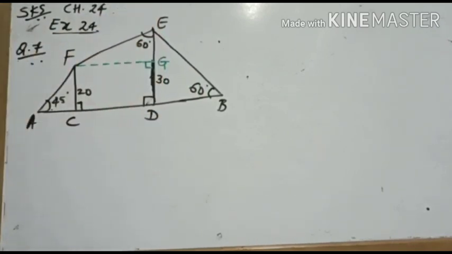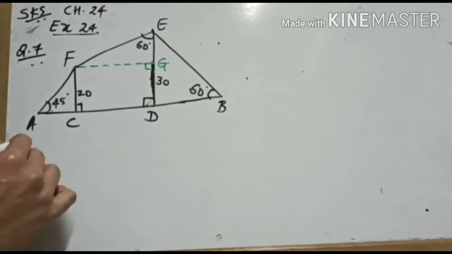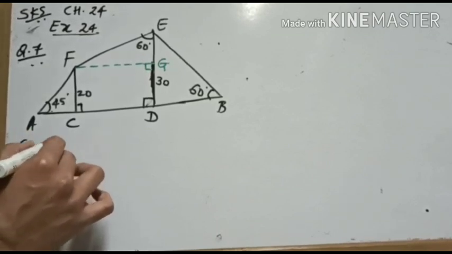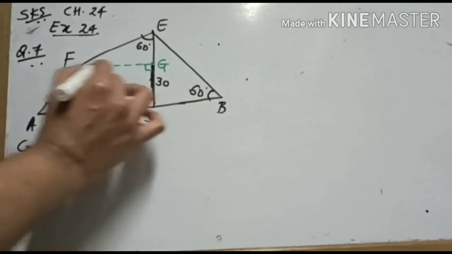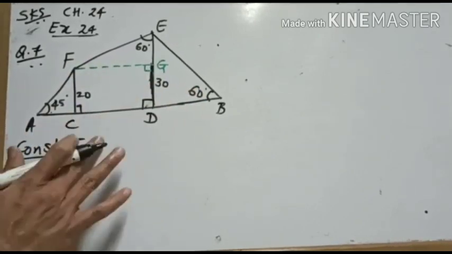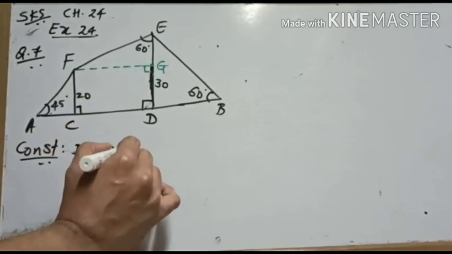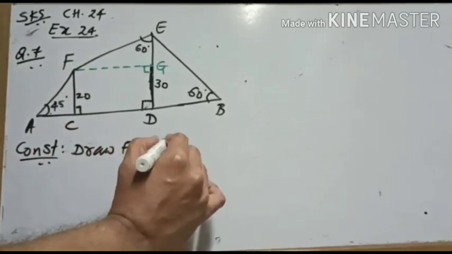I have drawn this dotted because it is a construction. Before I write down the solution, I have to mention to make the teacher understand that this dotted line is added by you: FG, a construction, draw FG perpendicular to DE.